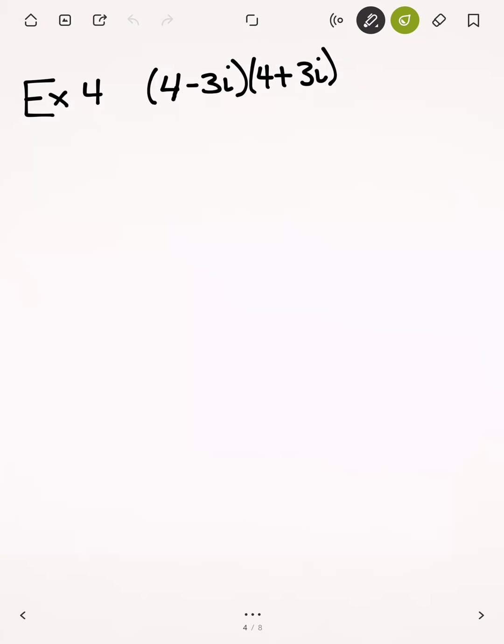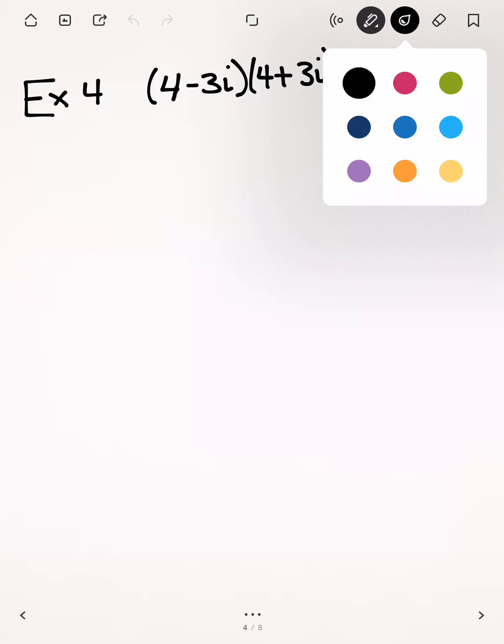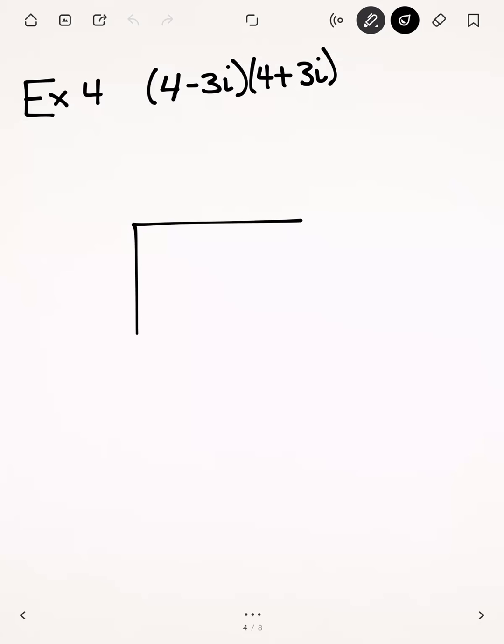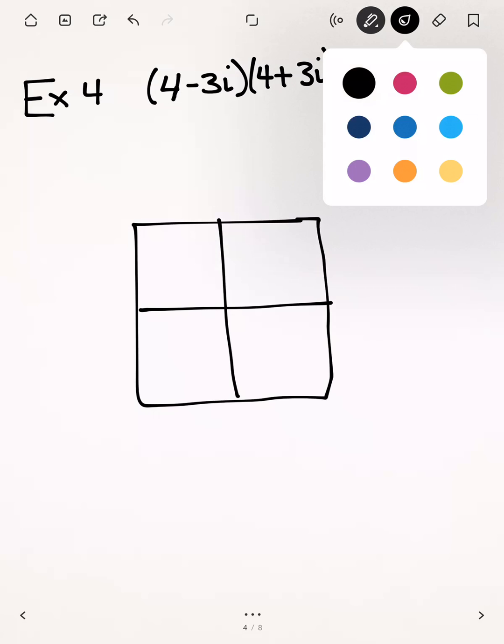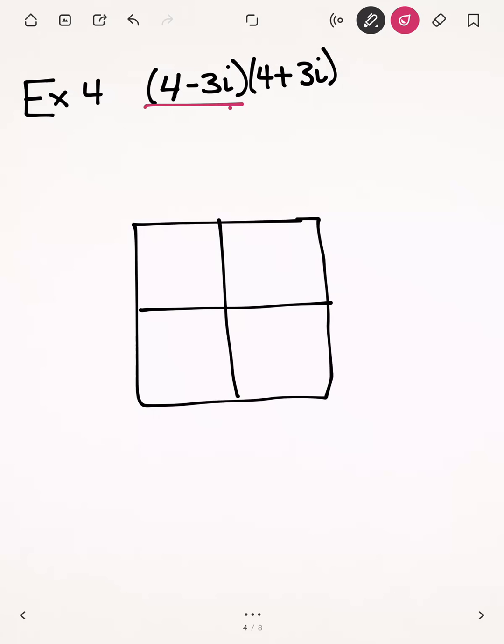Okay, we got one more example of multiplying. Notice now I have 4 minus 3i and 4 plus 3i. These are conjugates. So let's see what happens when we multiply conjugates. So again, I start with my box. I write my first one on the side, 4 minus 3i.